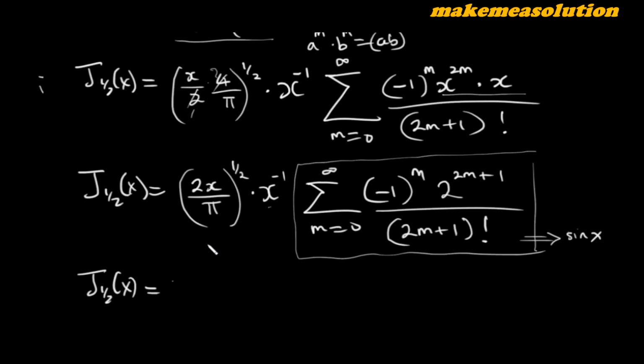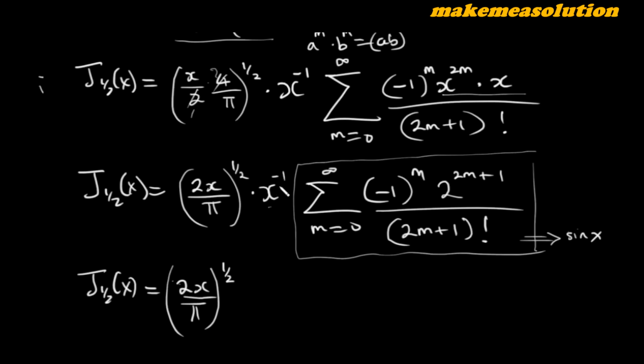If I want to match the x's together, let's do something intelligent. So this is still the same thing as you having 2x over pi. Follow me, 1 over 2.